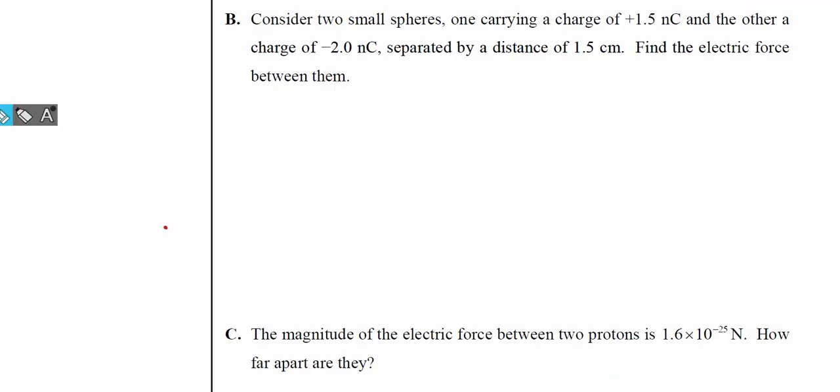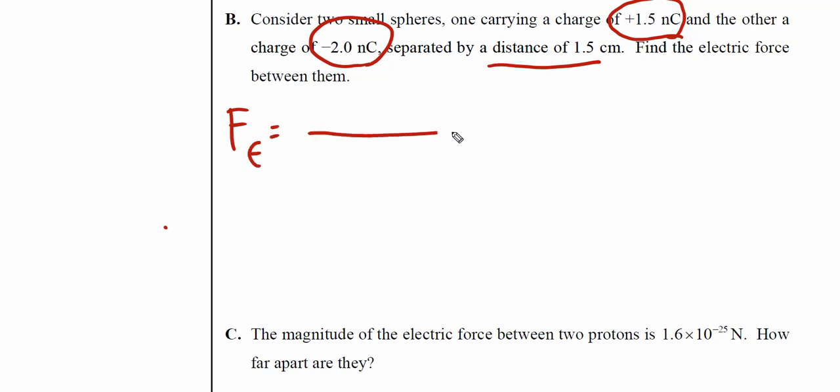For this next problem, we have a charge of positive 1.5 nanocoulombs, a negative 2.0 nanocoulombs, and we have a distance separation of that. Find the electric force between the two. So recall K again is 9 times 10 to the 9.